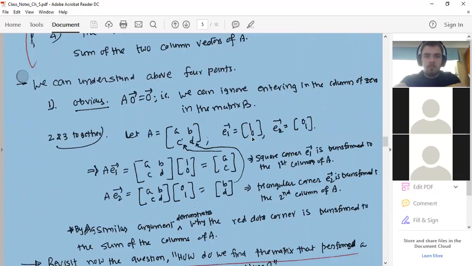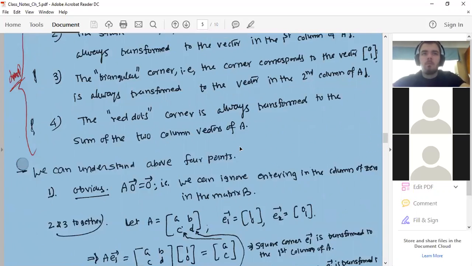If you multiply A by E1, you get A and C, the first column. Then E2 is equal to (0, 1).